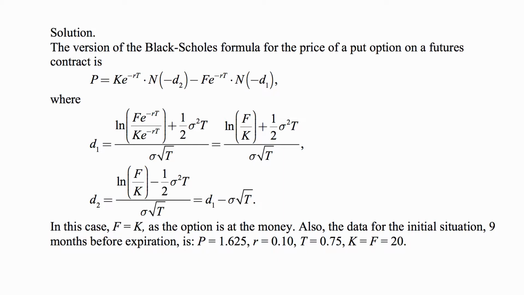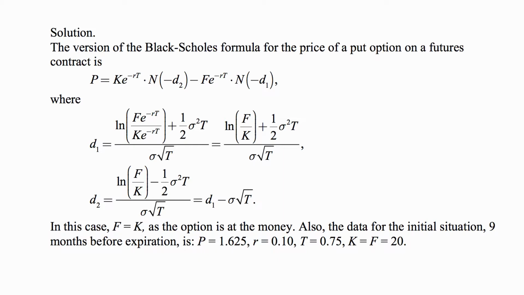Well, under the Black-Scholes framework, using the same approach as we use for stocks, but in this case for futures, it's a put option on a futures contract. The put price formula is the present value of exercise price times N of minus d2, minus what you could consider the prepaid forward price version for the futures contract that we are analyzing.